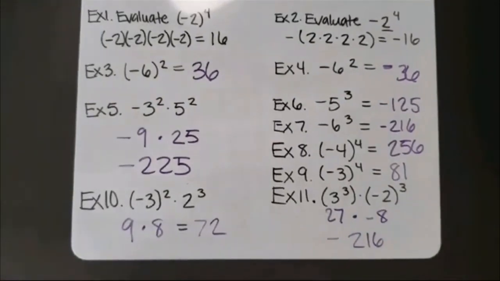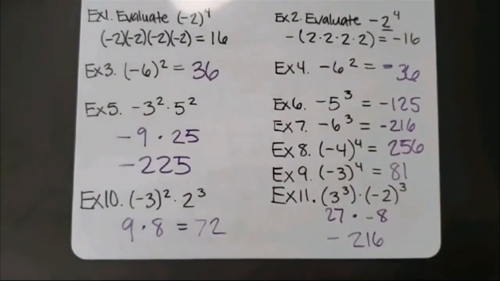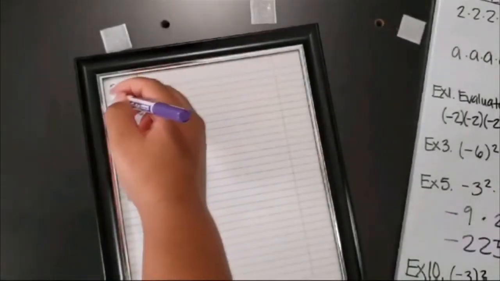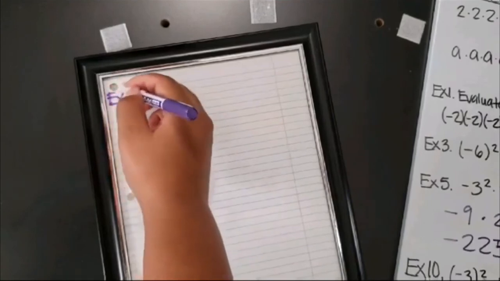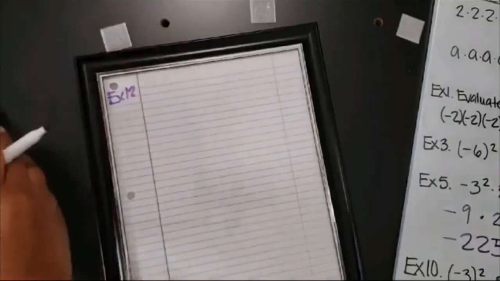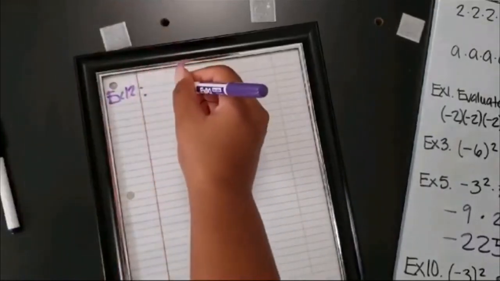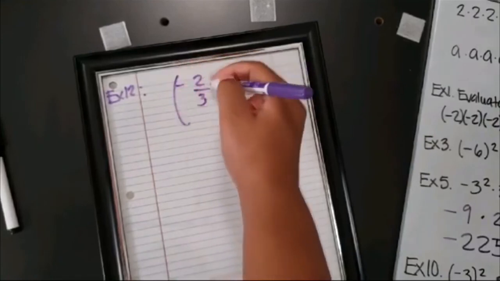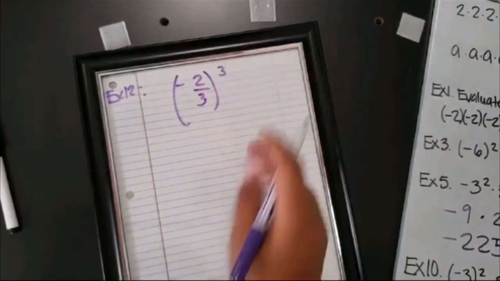Next, I want to show you guys these same exponents, but with fractions. So let's look at that quickly. So let's look at, and this will be example 12, -2/3 cubed.